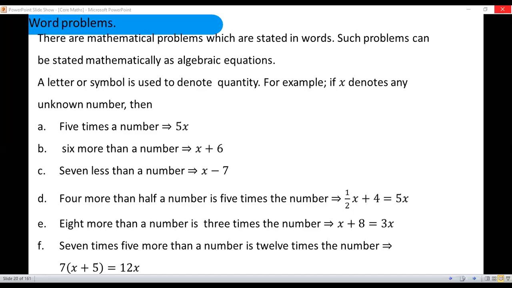So x plus 6 is the same as 6 plus x. So assuming x is 4, then we are going to have 4 plus 6, which will give us 10. The other way, 6 plus x implies 6 plus 4, which will also give us 10. So it is the same, x plus 6 and 6 plus x.